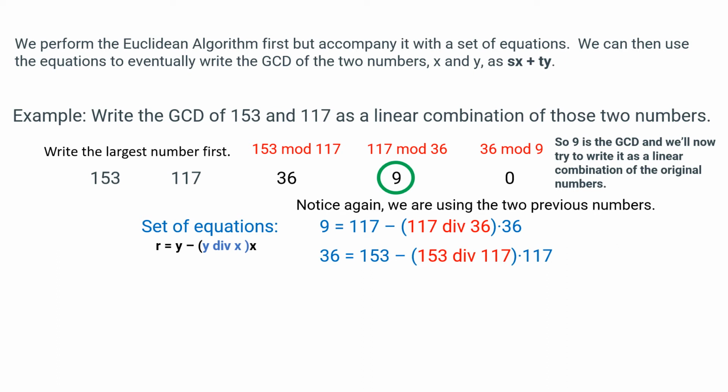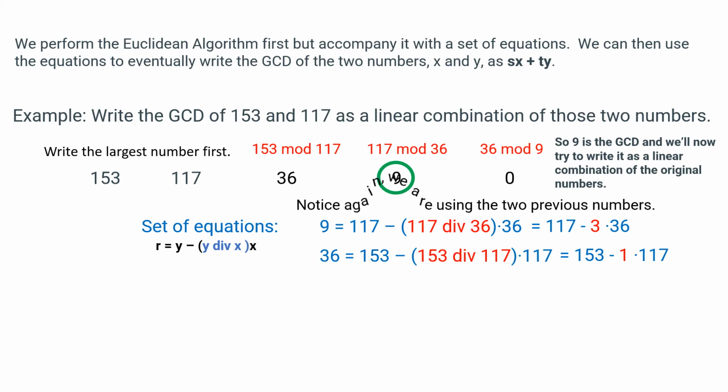I just used that pattern for both of those. Now we can do a little simplifying here. 117 div 36 is 3, so now I have 117 minus 3 times 36. And 153 div 117 is 1, so I have 36 equals 153 minus 1 times 117.